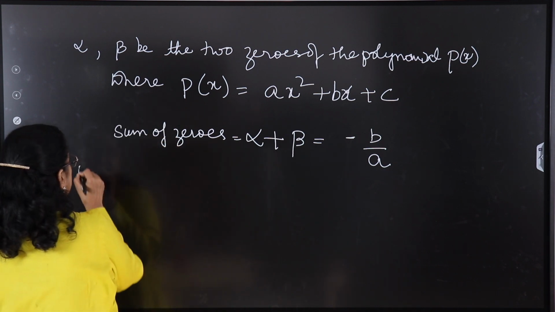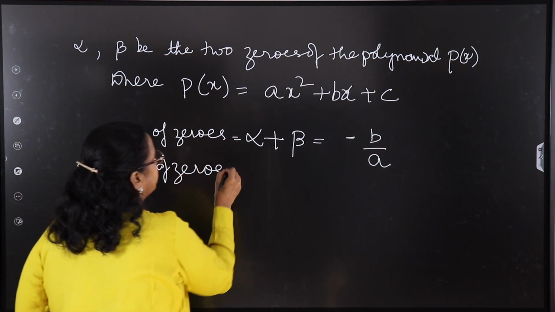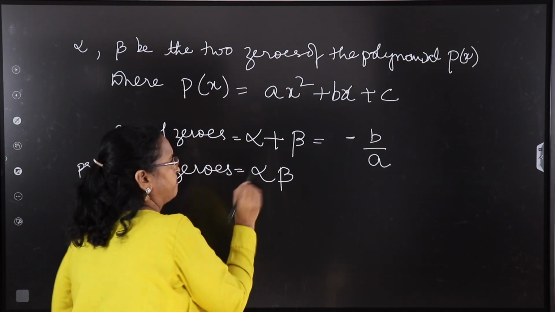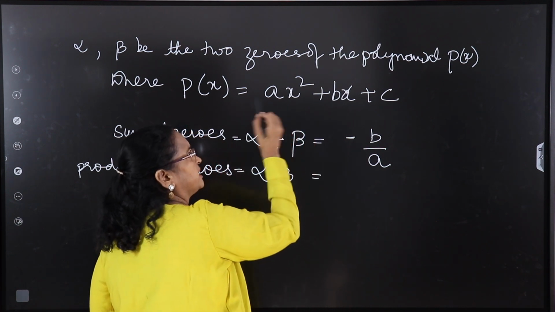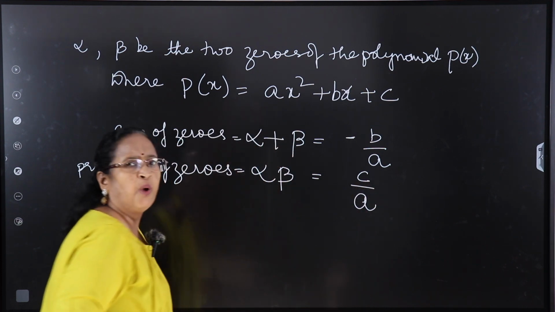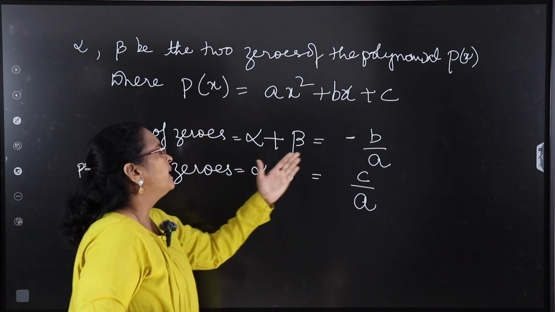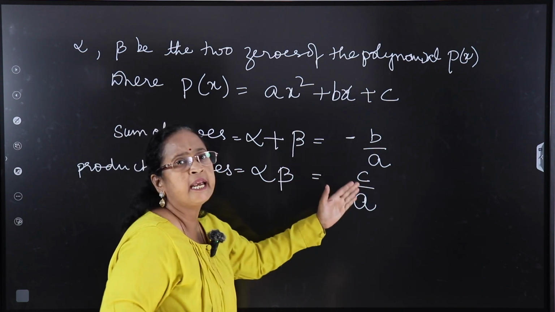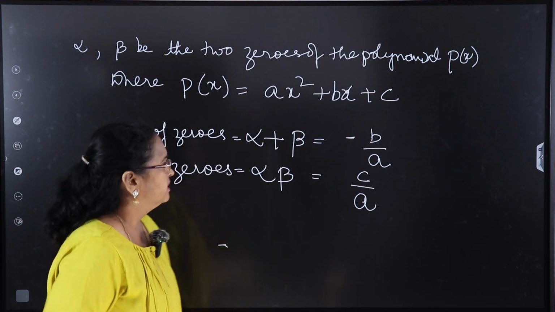And similarly, the product of zeros is alpha into beta, alpha beta, that is constant term by coefficient of x square, that is c by a. So what we have learnt now, the sum of zeros, alpha plus beta, is minus b by a, and alpha beta is c by a. Is it clear? All right, very good.